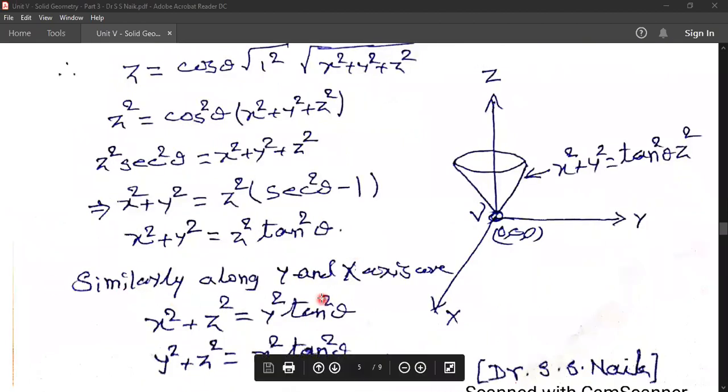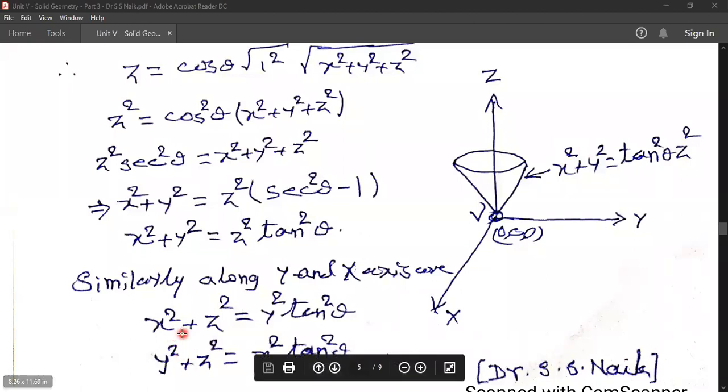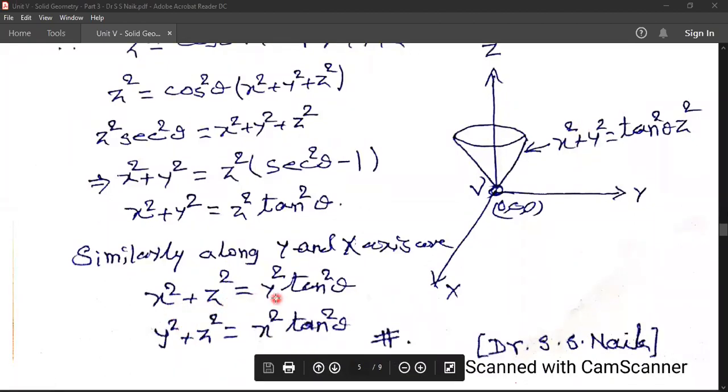Then similarly along y and x axis, that means I want to find a cone at this point and it goes on this side, and you get a corresponding right circular cone along y axis as axis. As here you are having z square tan square theta along z axis, here you are having x square plus z square is equal to y square tan square theta.